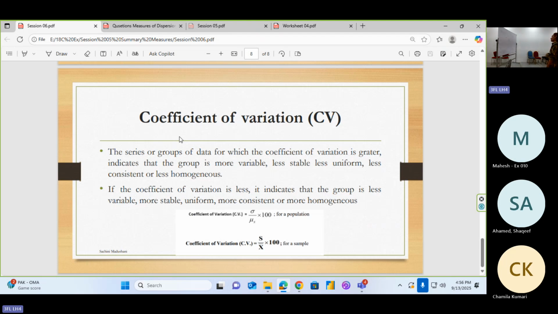Then how do we interpret this? Calculation is okay, no? Now the interpretation. If the CV value is high, it means variability is high, always.